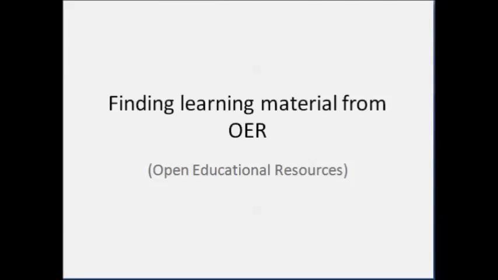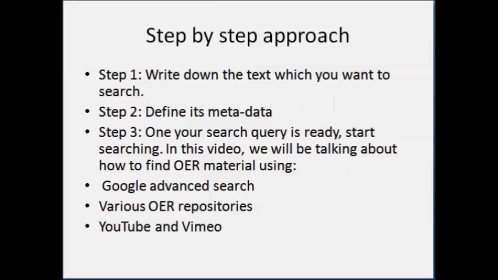Resources. Well, the first step to search and find is to write down the text defining what you are looking for as a learning material to support your lesson. Then define its metadata, that is, keywords that describe the material.